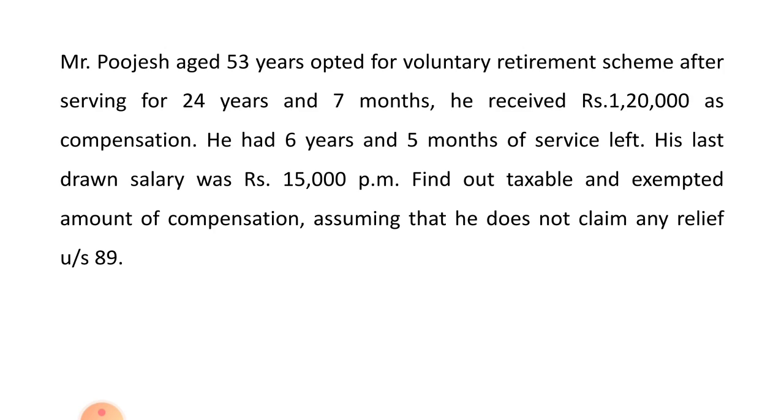Similar to the previous problem, but here DA is not given and remaining months of service is given, that is 6 years and 5 months. You have to calculate taxable and exempted amount of compensation. Mr. Pujesh, aged 53 years, served for 24 years and 7 months and he received 1,20,000 as compensation, that is the actual amount received.